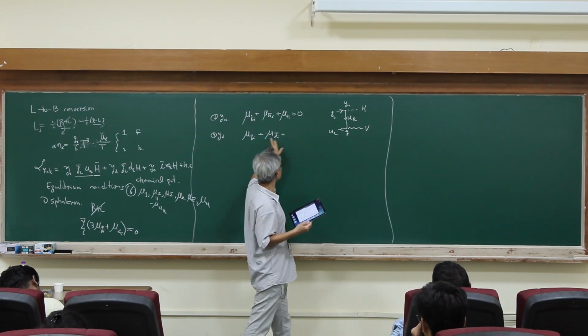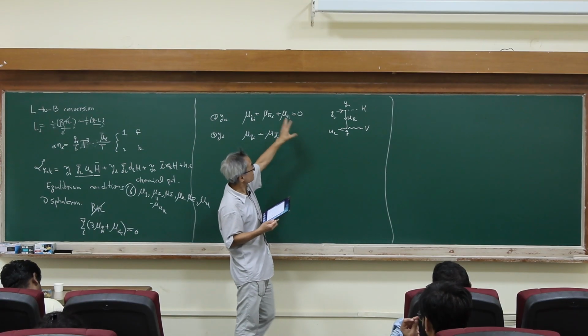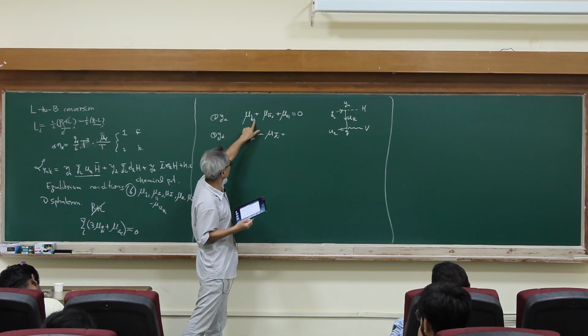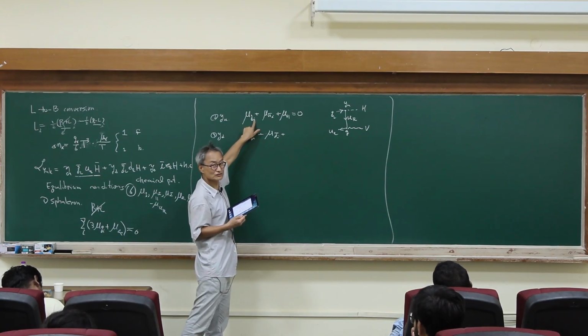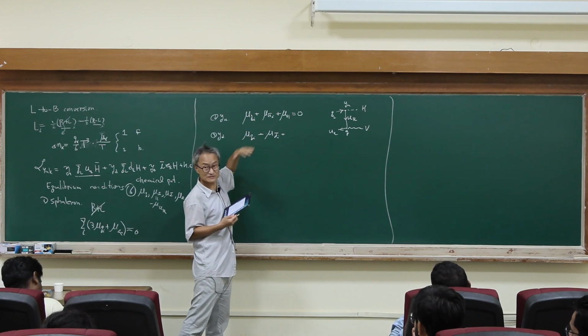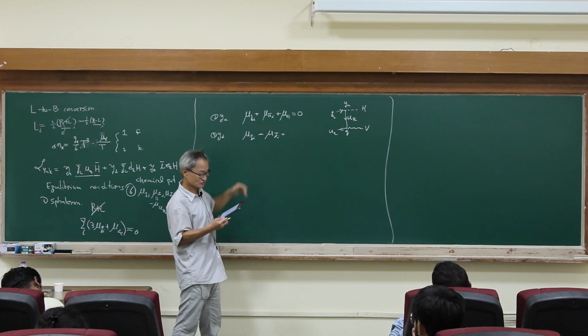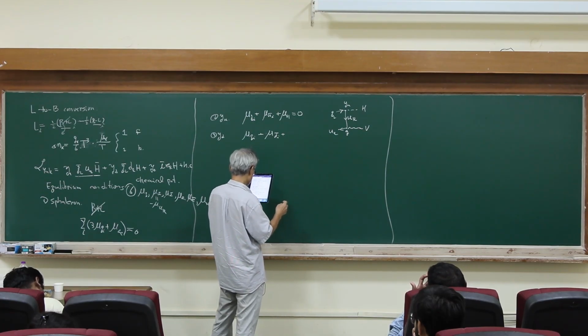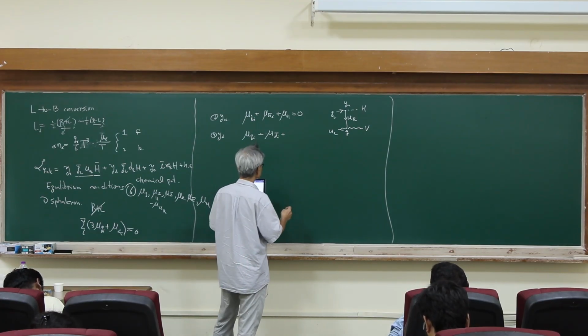But I will assume that all three Yukawa couplings are in equilibrium. Then this index I becomes meaningless. For each of 1, 2, 3, they have the same chemical potential, so it is easy to solve.